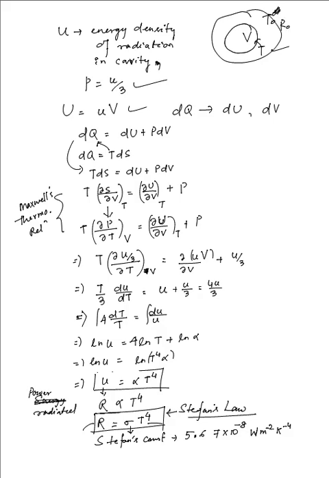Now the amount of heat that is to be radiated to the surrounding by the black body per unit time can be given by this equation, that is R minus R0 is equal to sigma, which is a constant of course, times T raised to the power 4 minus T0 raised to the power 4. And this is in accordance with Stefan's law of radiation.